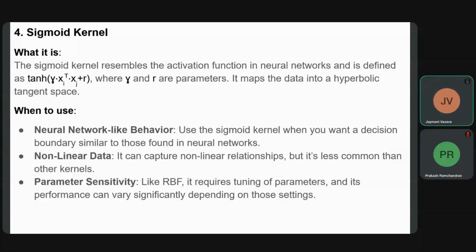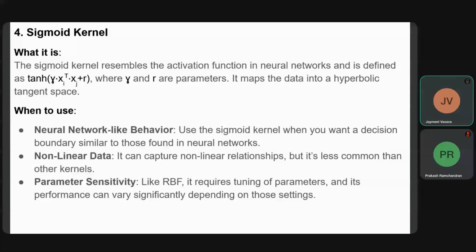So when do we use the sigmoid kernel? When we are trying to have neural network-like behavior. We use the sigmoid kernel when we want decision boundaries similar to those found in neural networks.